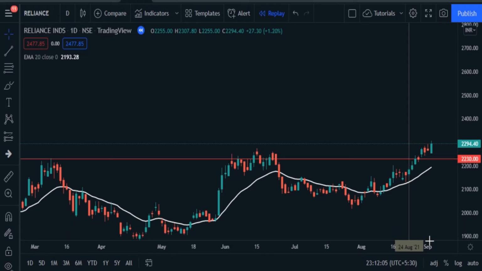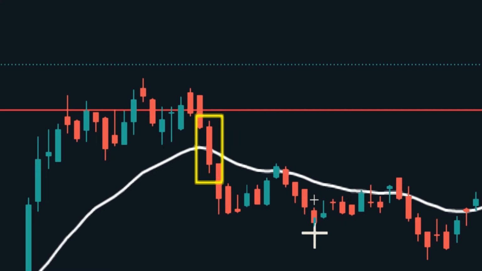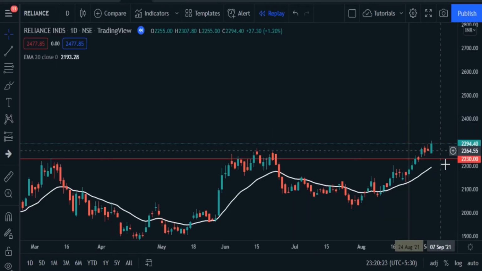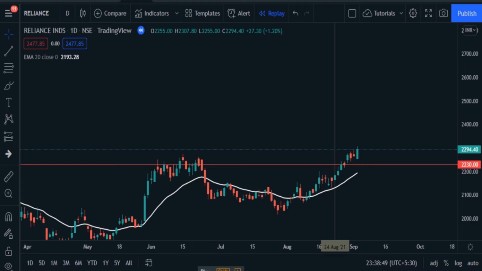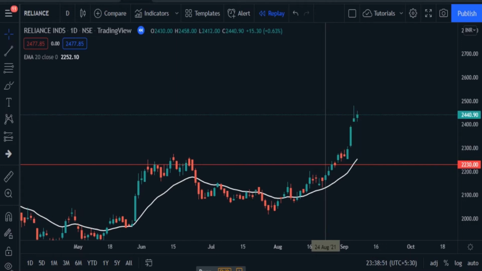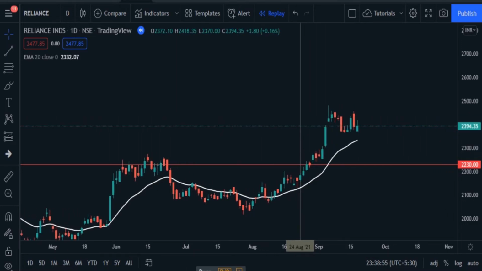Now you will exit this trade only when a red candle breaks the 20 EMA line, something like this. Let me zoom it and show it to you. Something like this should happen, which will trigger a sell or exit point of our trade. Now let us check when the red candle has done a negative crossover with the 20 EMA line in our current example.